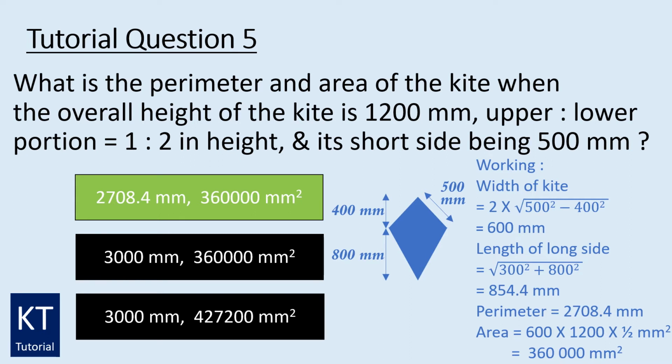It should get us the result 2708.4 mm. As for its area, like what we have seen in the previous question, it can be obtained by halving the product of its width and height components, which get us the result 360,000 mm squared.